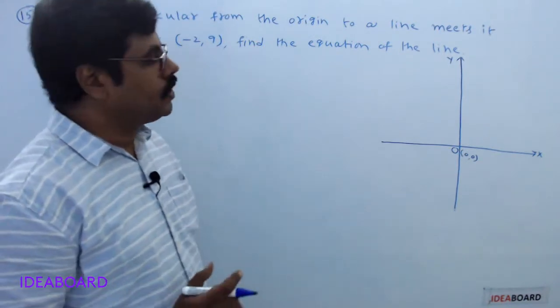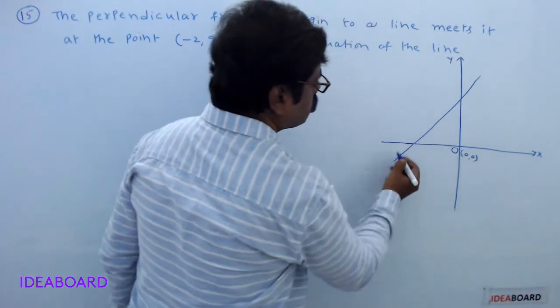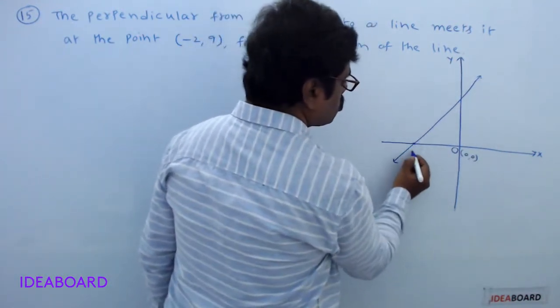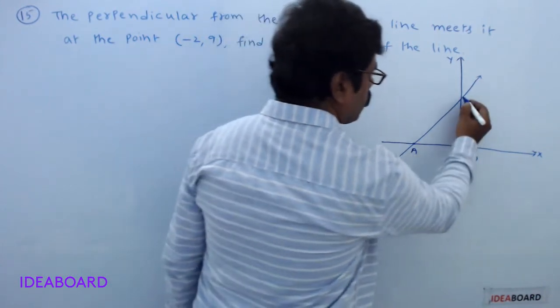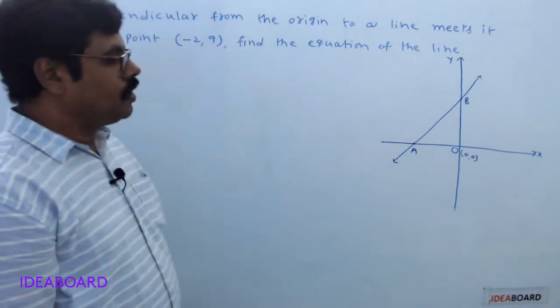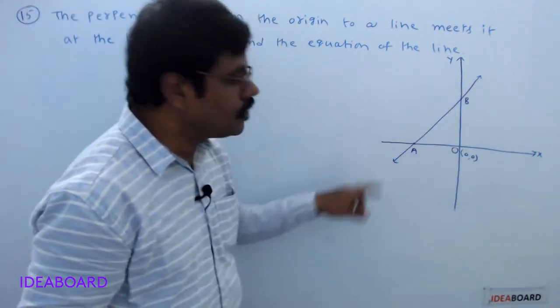Now draw a straight line. Suppose this line cuts the x-axis at a point A and meets the y-axis at a point B. Now draw a perpendicular from the origin onto this line AB.